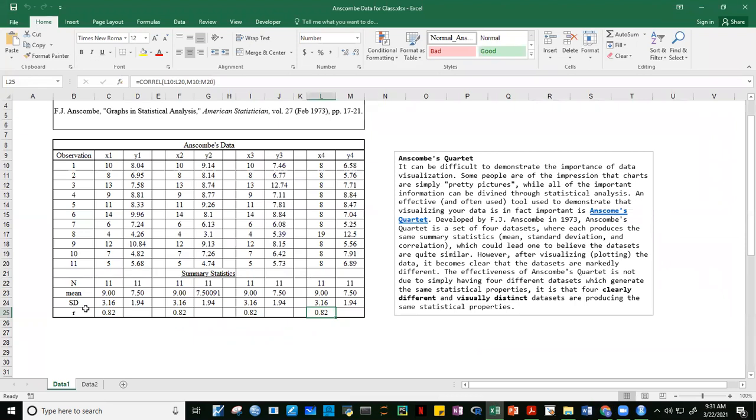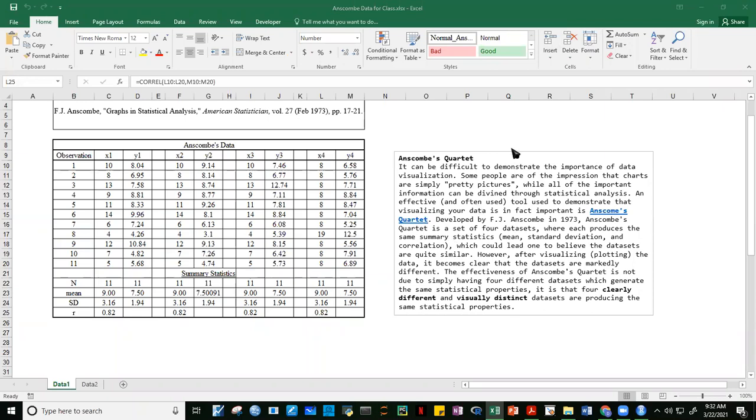What do you notice about the mean, the standard deviation, and the correlation of the data? Okay, yes, you're correct. They're all the same, no? Practically the same. Some discrepancies in decimal terms, but approximately they're all the same.